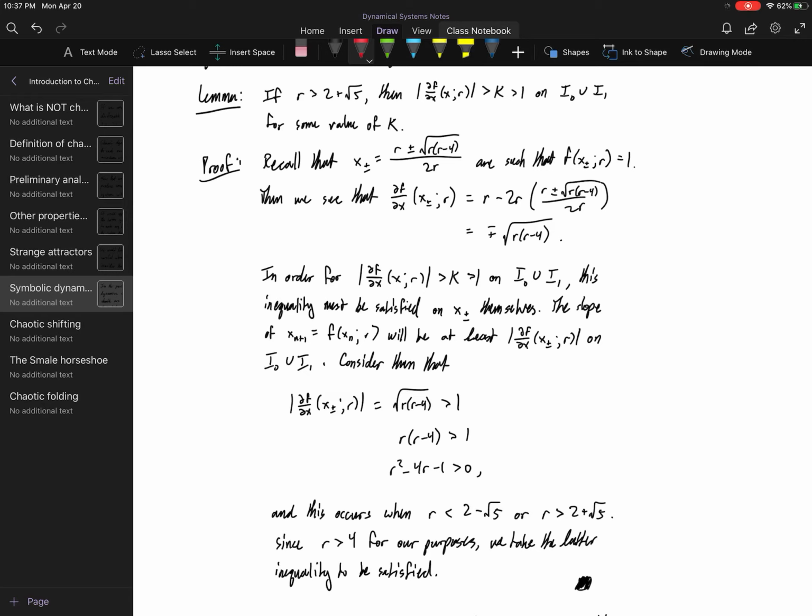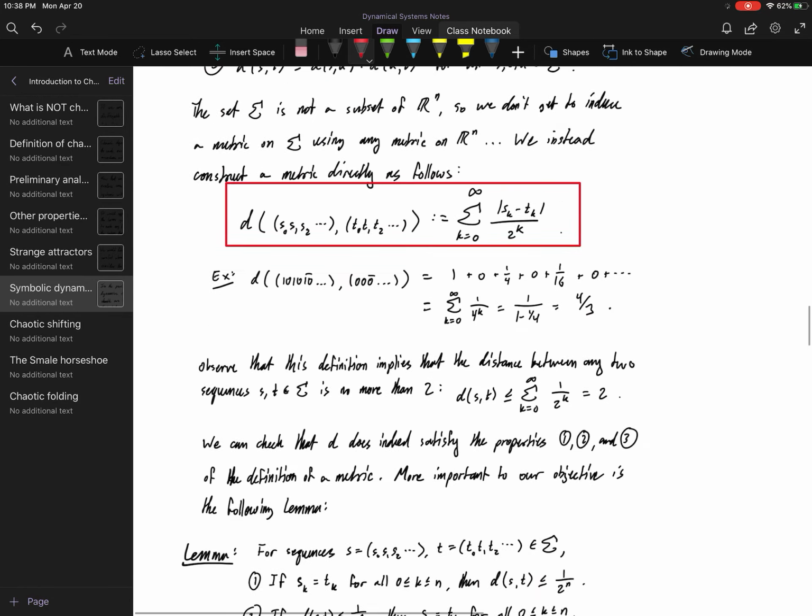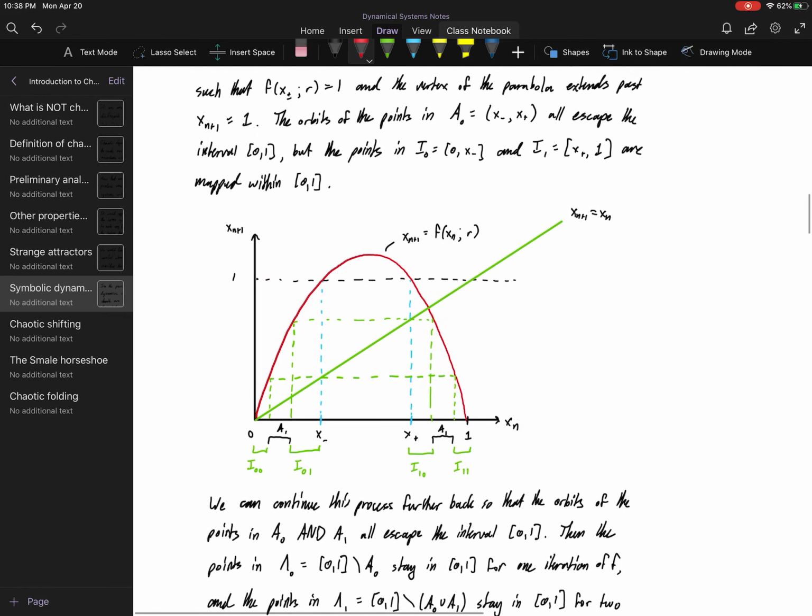Anyway, the idea is that in order for this inequality to be satisfied on the total interval, the inequality actually has to be satisfied on x plus and x minus themselves. Because the slope is smallest on this parabola, on these two intervals I0 and I1, at these two locations, and it only increases down the sides.